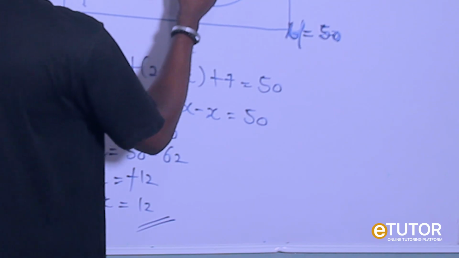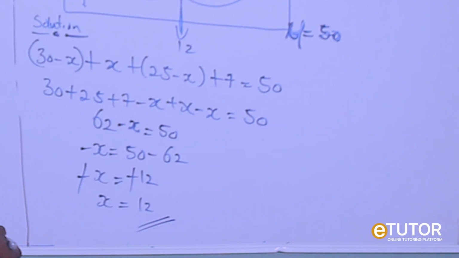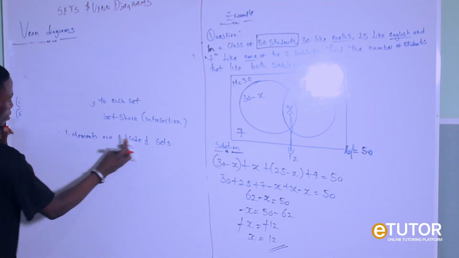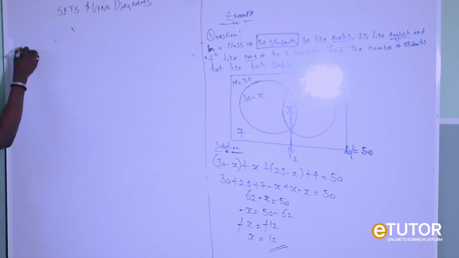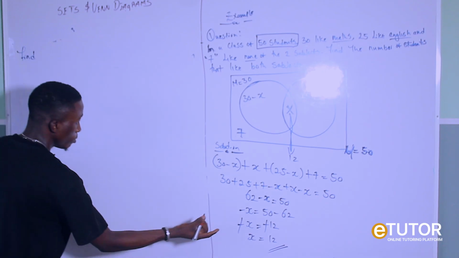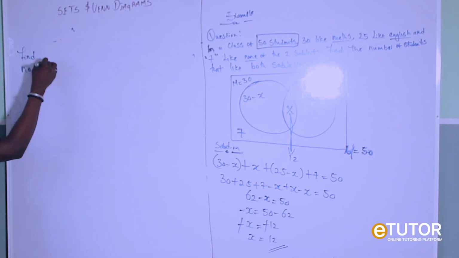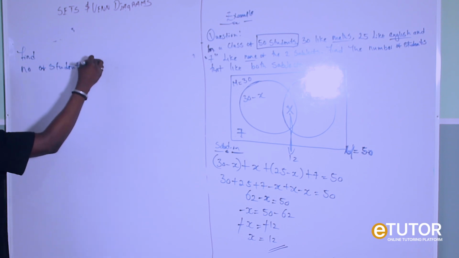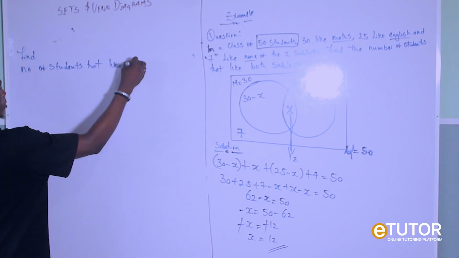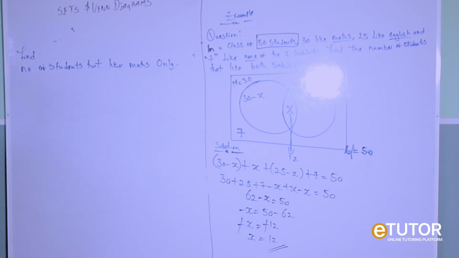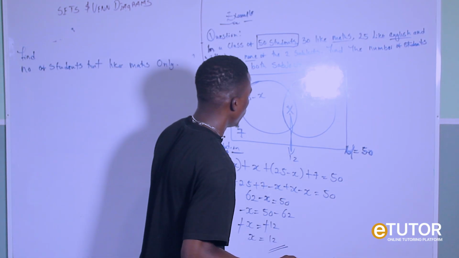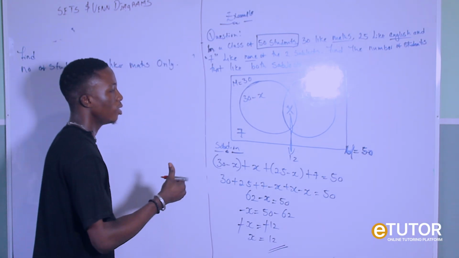So if 12 students like math and English, let's say you're further asked to find the number of students that like maths only.